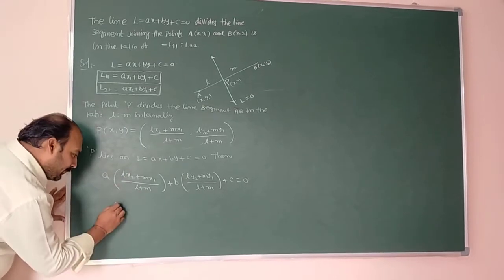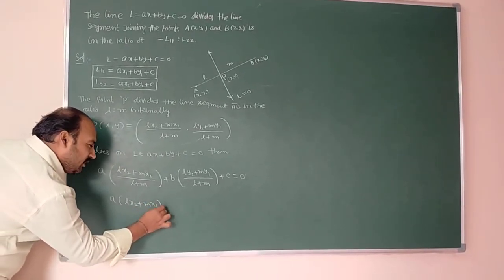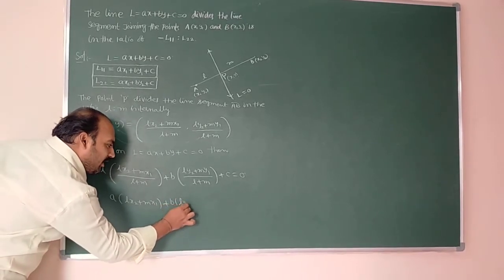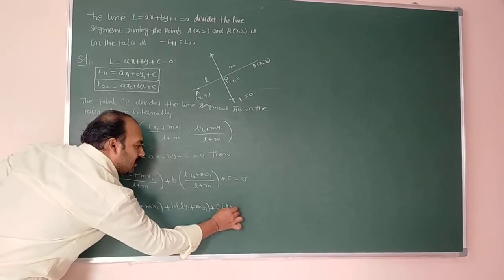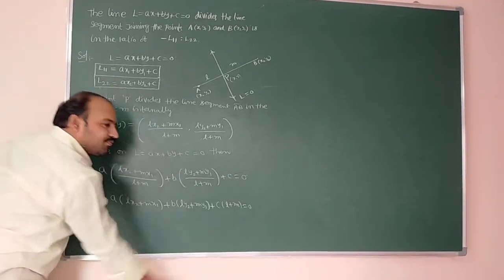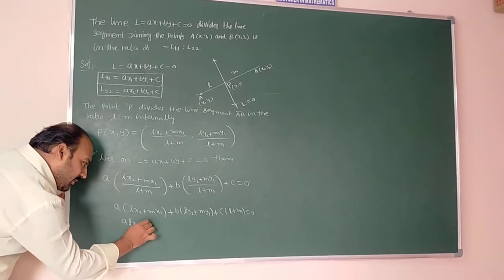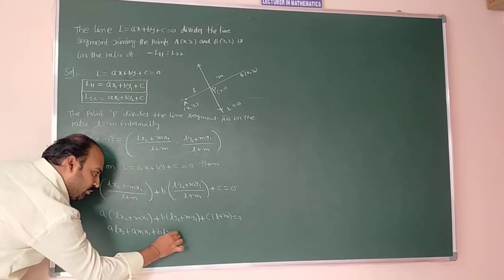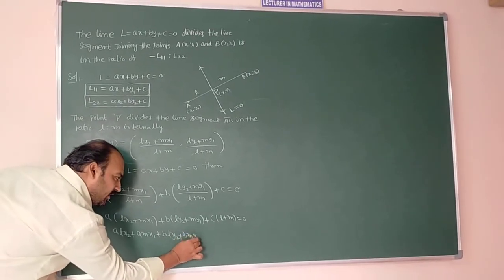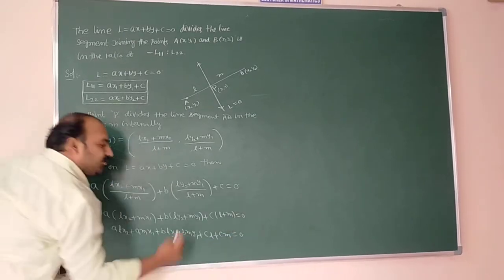After that take LCM. A into Lx2 plus mx1 plus b into Ly2 plus my1 plus c into L plus m is equal to 0. So actual multiplication: ALx2 plus AMx1 plus BLy2 plus BMy1 plus CL plus CM is equal to 0.